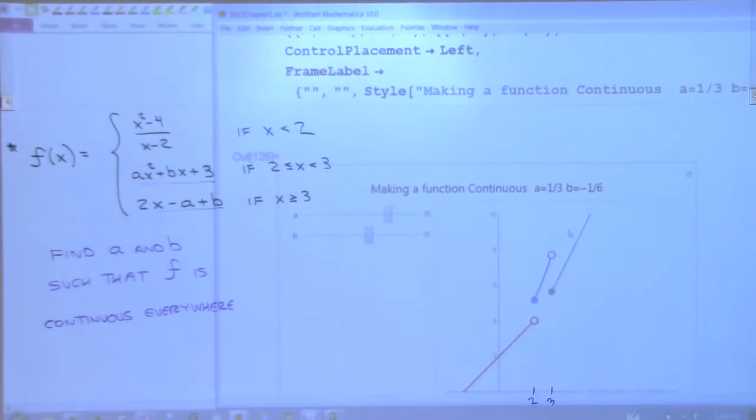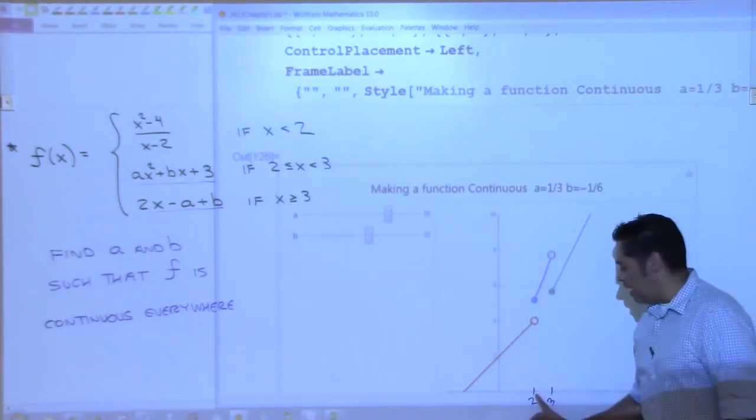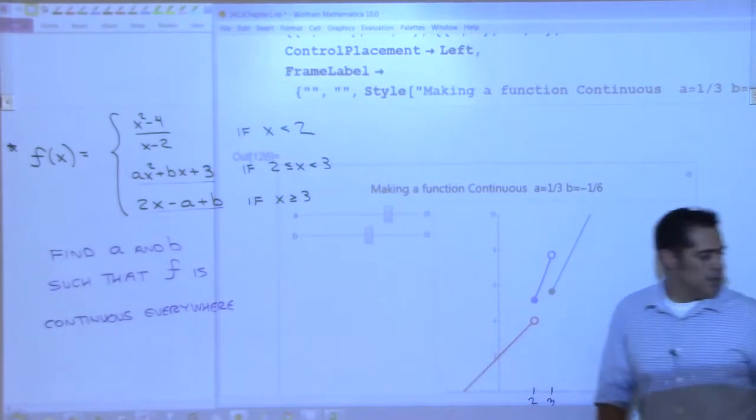Over here, this is all nice because it's a line. Over here, this is a rational function. It's nice too. So we're not looking at the whole here? We are going to look at the holes, yes. But I want to clarify the reason that we are not looking anywhere else but at 2 and 3 is because everywhere else we're fine. Okay?